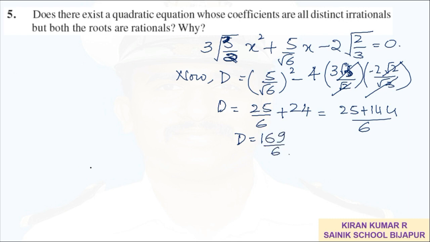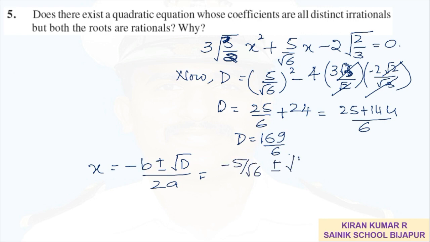Let's use the formula x is equal to minus b plus or minus root d by 2a. We'll have negative b, which is minus 5 by root 6, plus or minus root of 169 by 6, divided by 2a, 2 times 3 root 3 by root 2.